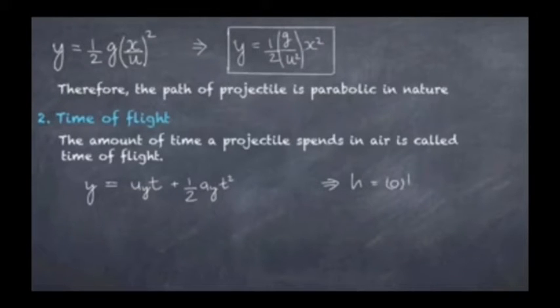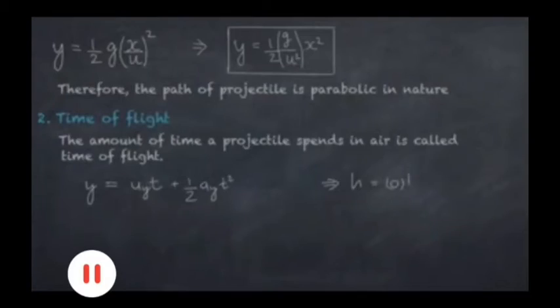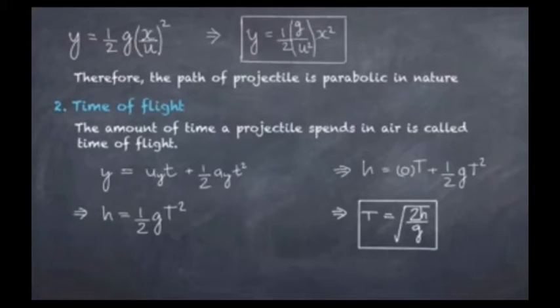Then h is equal to 0 into t plus half g t squared.